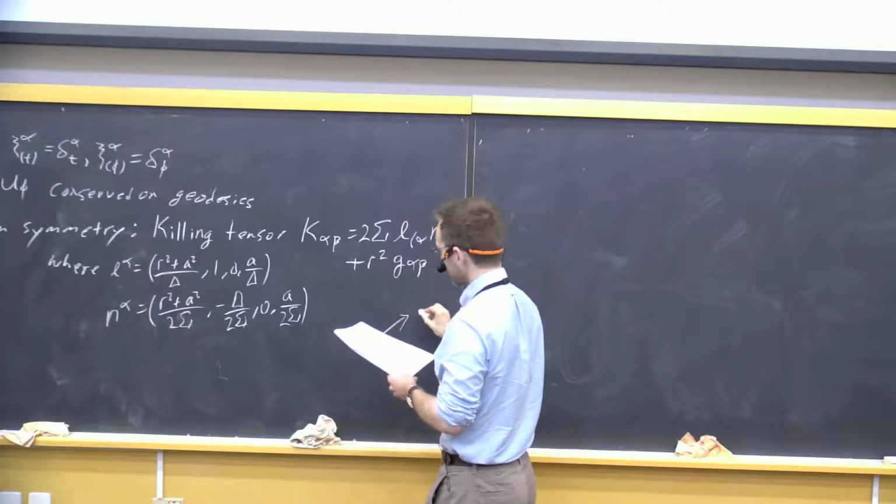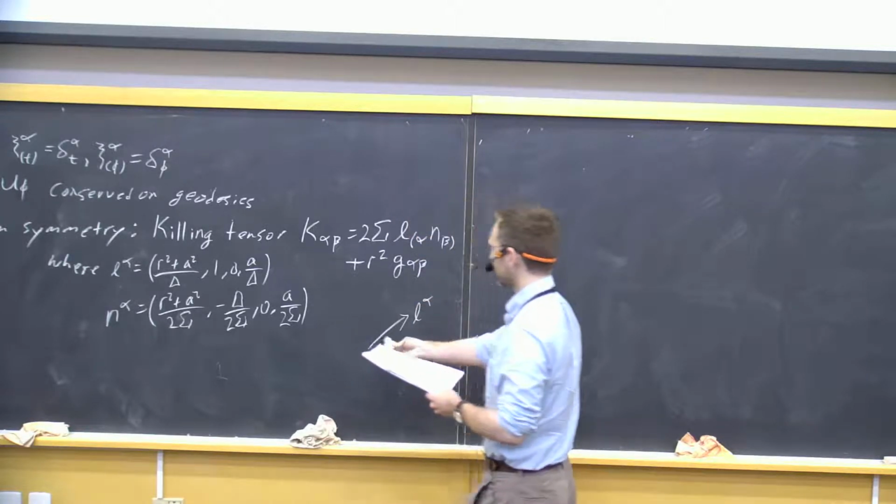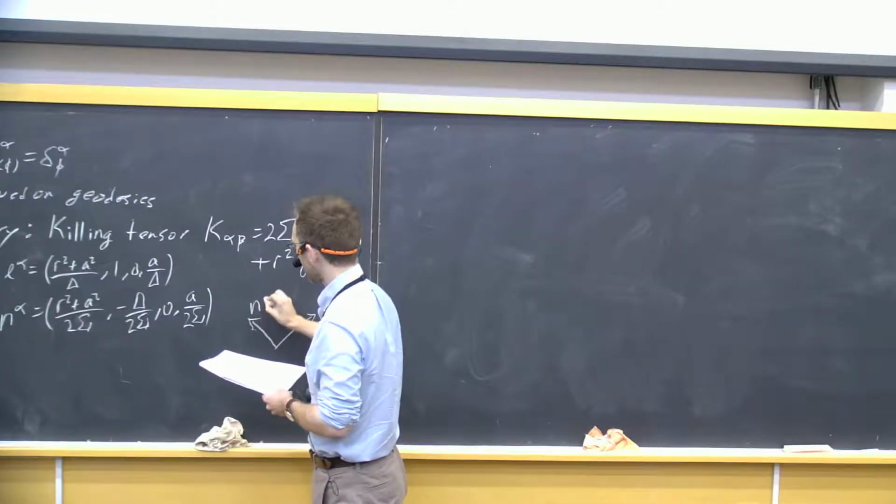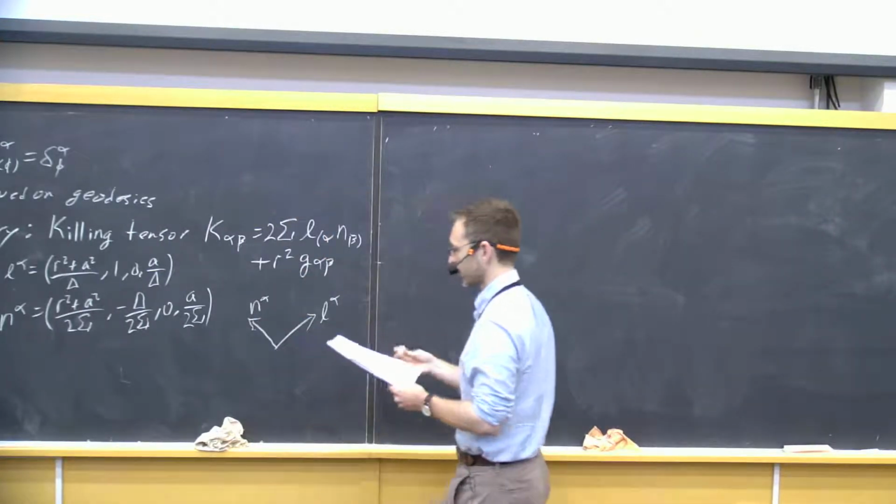So L alpha is an outward null vector, and N alpha is an inward null vector.